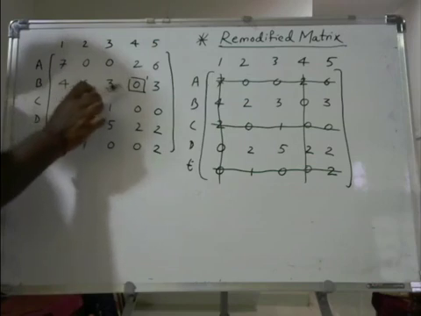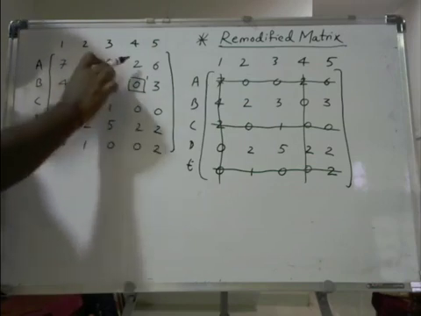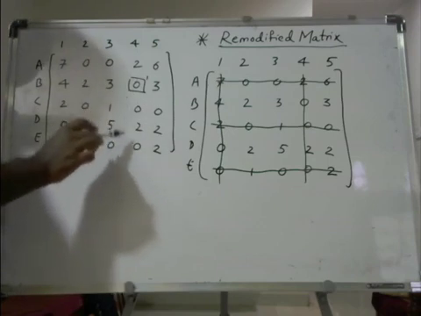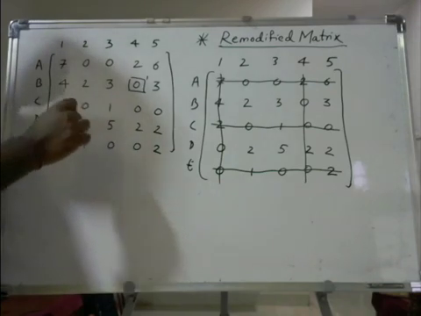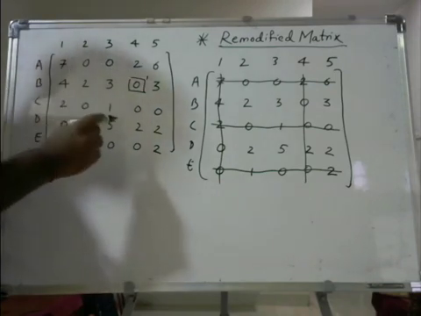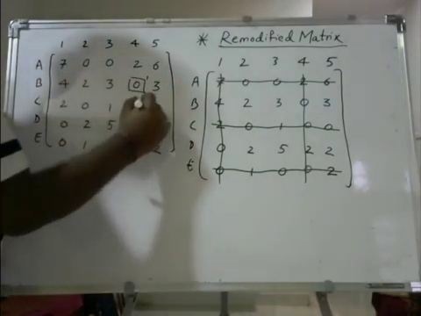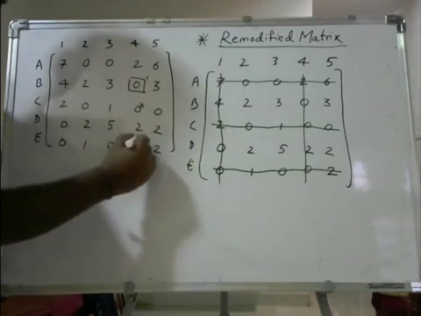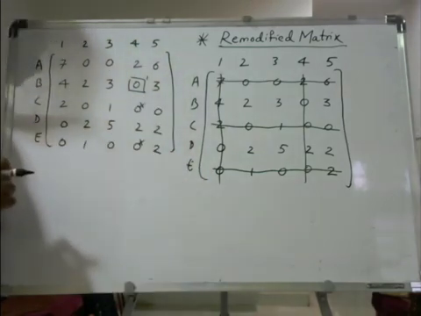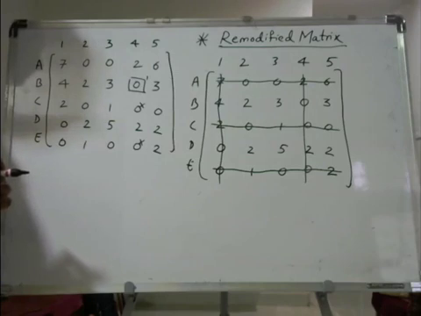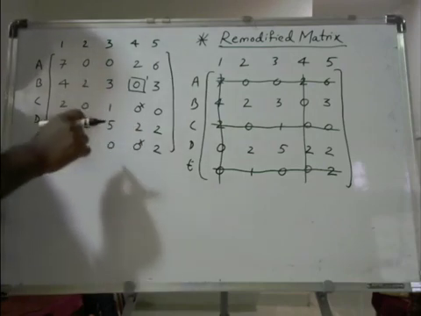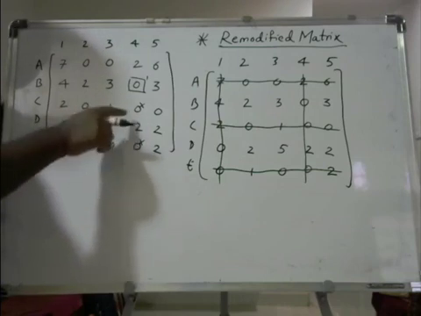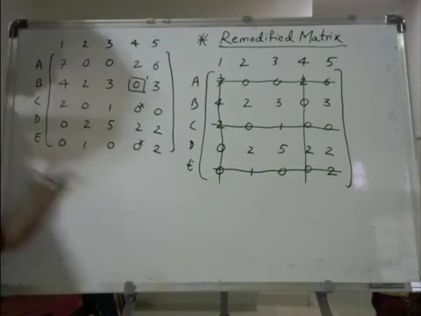And when I get this first box, I need to see the corresponding column. If there are any zeros in this corresponding column, I need to put a cross sign for those. So how to put a cross sign? Like this. I will put a cross sign for these zeros, right? Now, the cross sign means that that zero has been taken off.